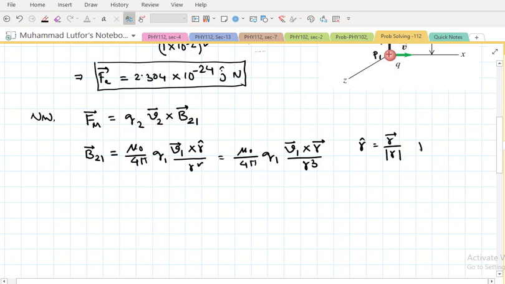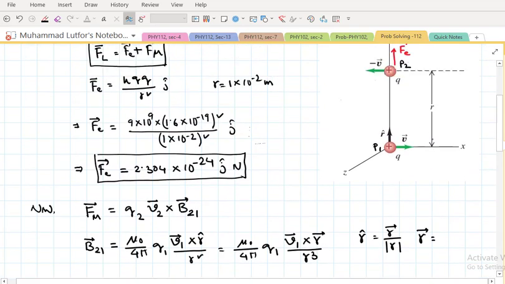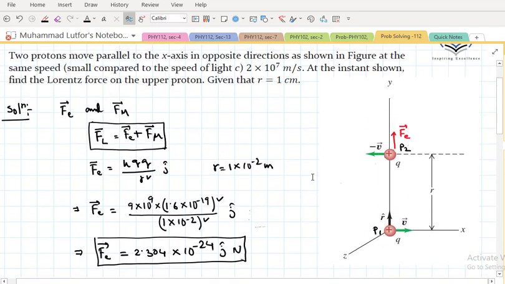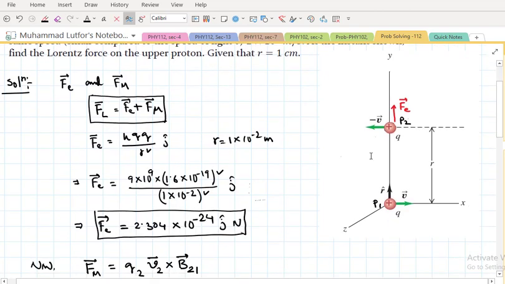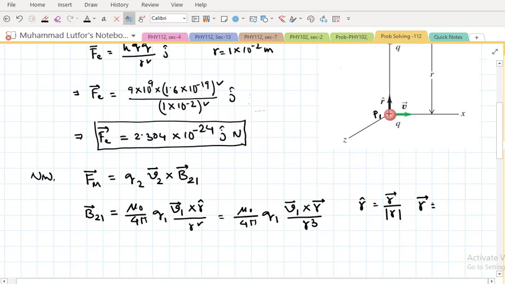Now this vector r is 1 centimeter, as given, and it is towards the positive y direction. So the vector r is 1 times 10 to the power minus 2 j hat, and its magnitude is 0.01 meter.